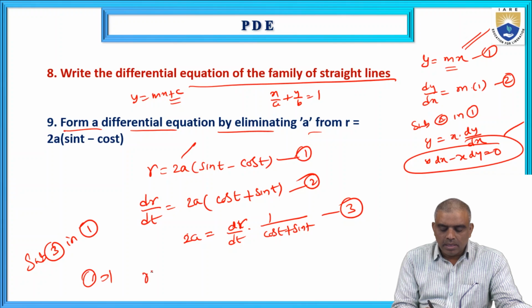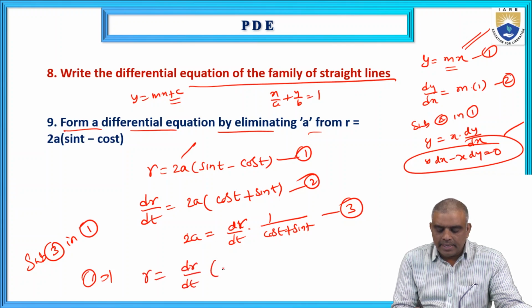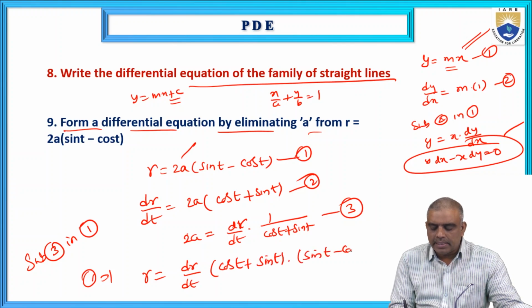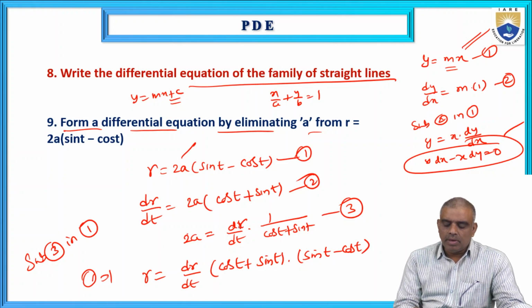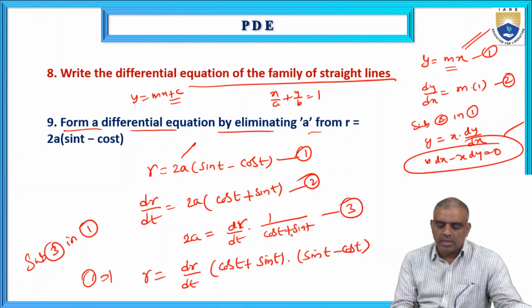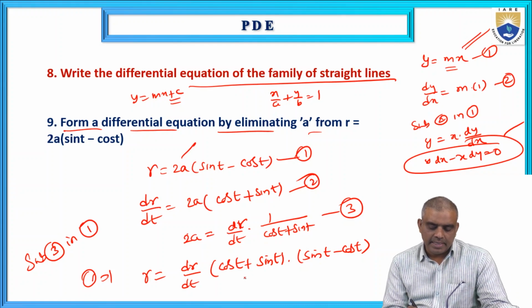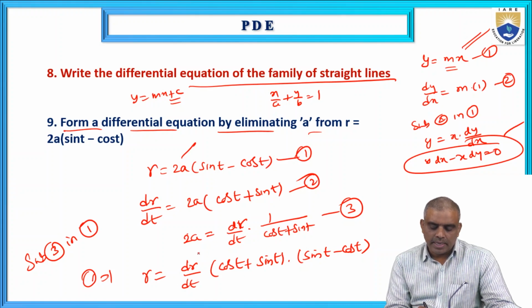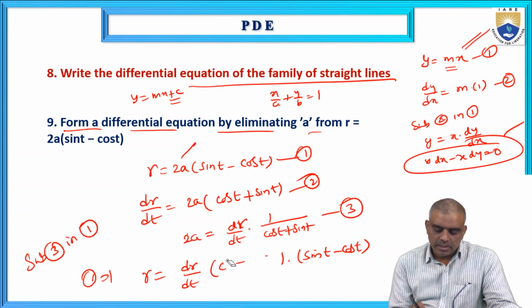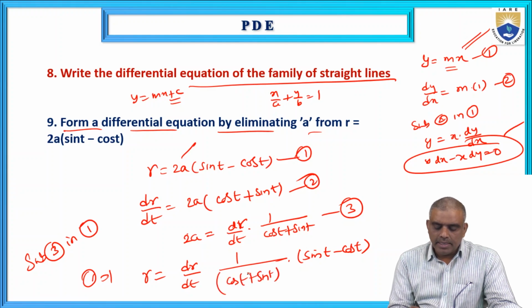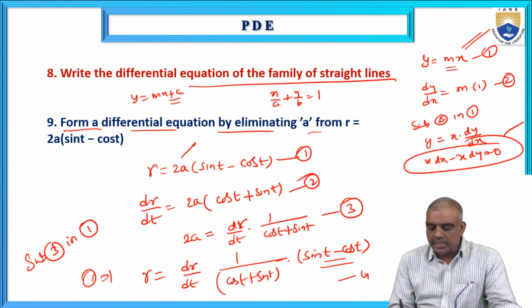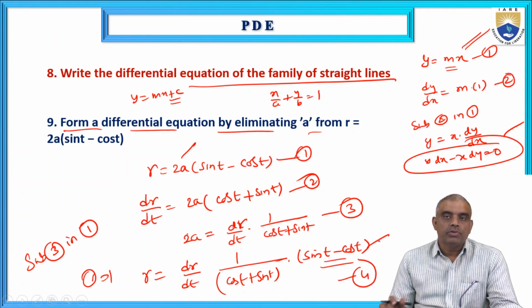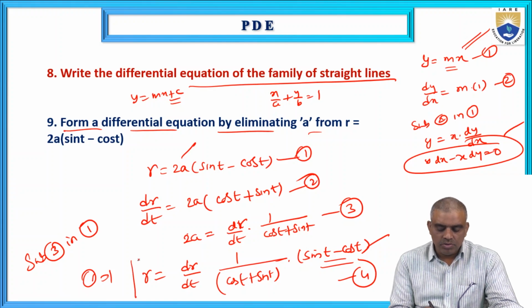Now substitute equation 3 in 1. Then r is equal to 2a into sin t minus cos t, and instead of 2a I substitute dr by dt into 1 by cos t plus sin t, into sin t minus cos t, which is the differential equation of the given function r is equal to 2a into sin t minus cos t, which is free of a.